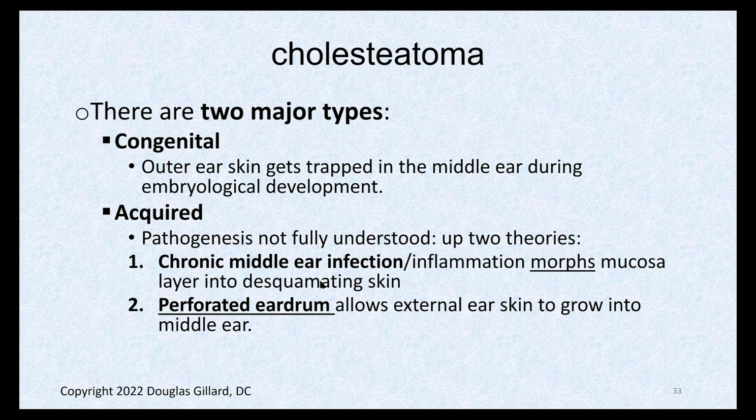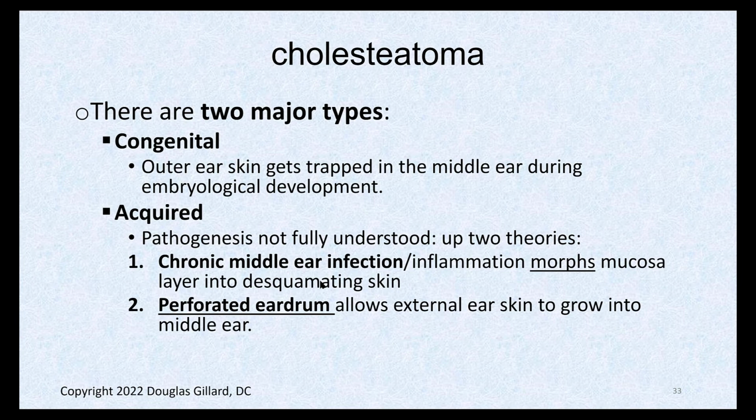There's two main theories of this. The first one is it's caused by chronic middle ear infections. Anytime you get a bug in your middle ear, your body sees it and fights it, and inflammation occurs.